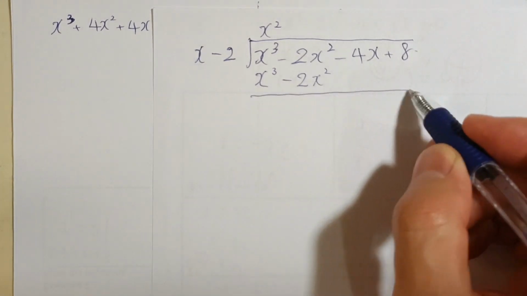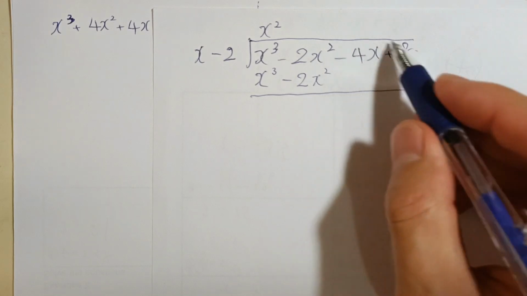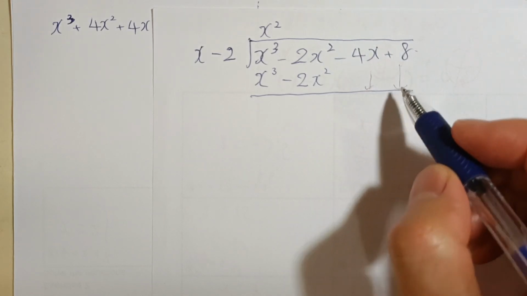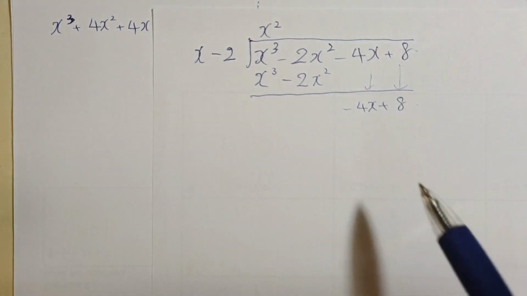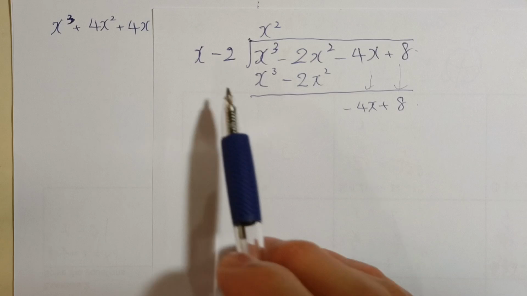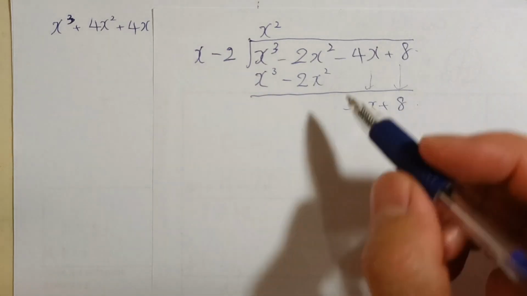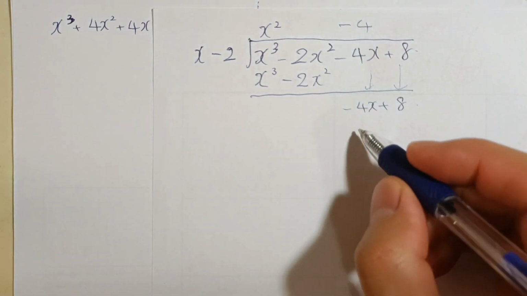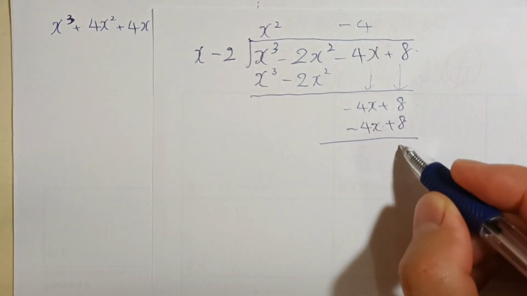Then you take away here. Then 0, so I put this here, negative 4x plus 8. And then if I do times negative 4 here, I can create the same thing here, negative 4x plus 8. Then this one is 0, right?